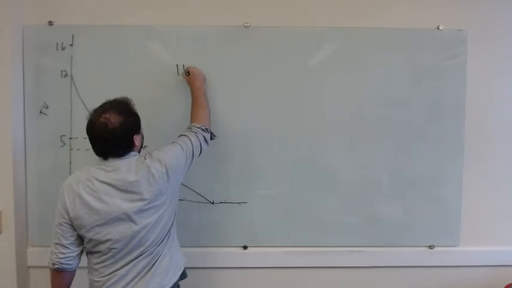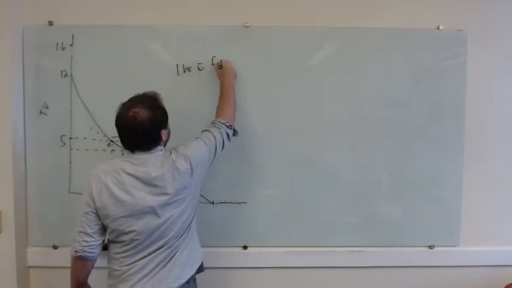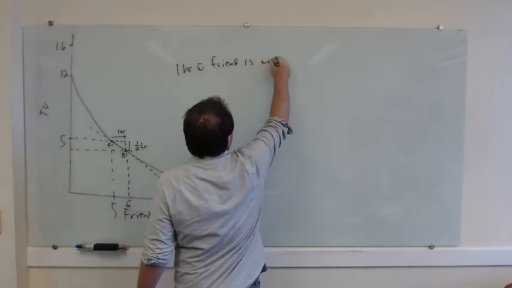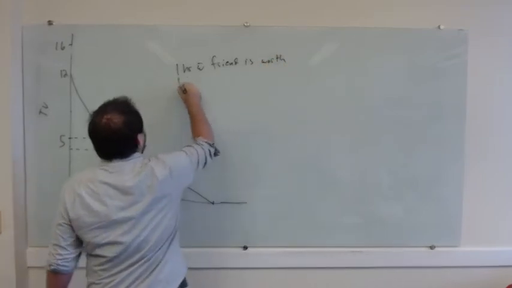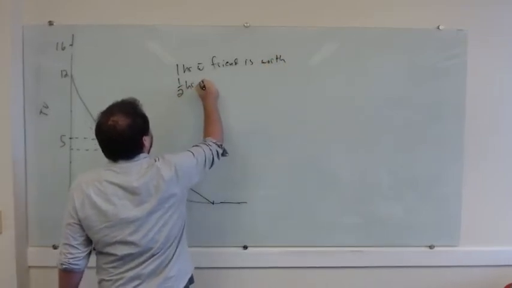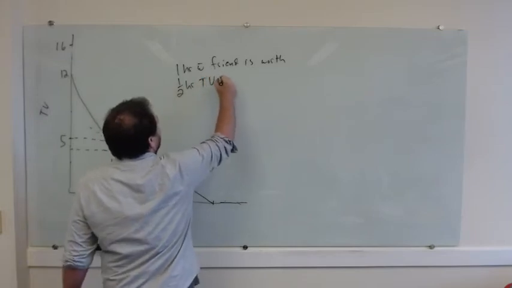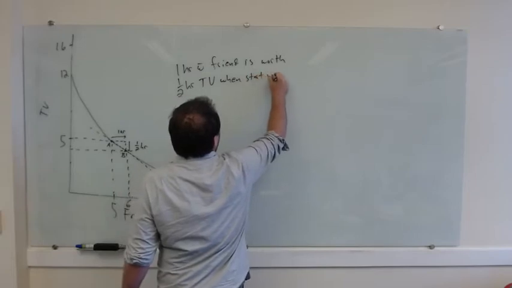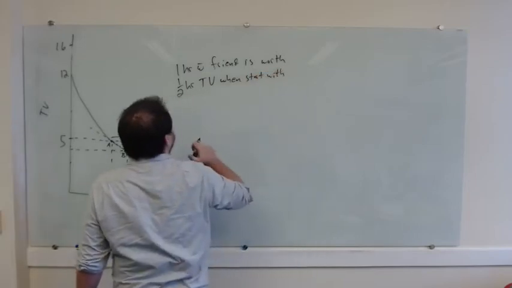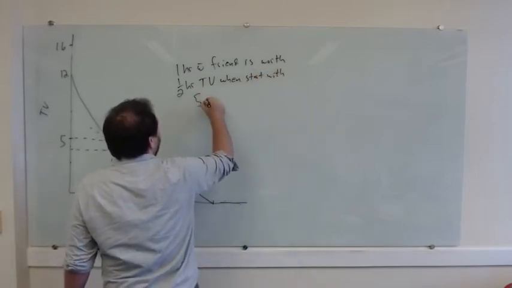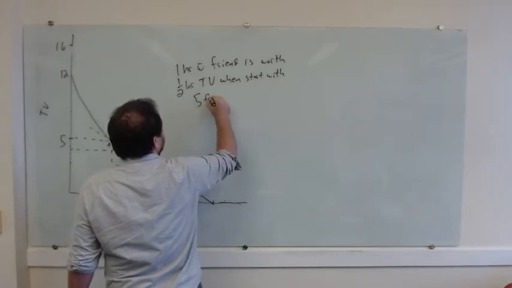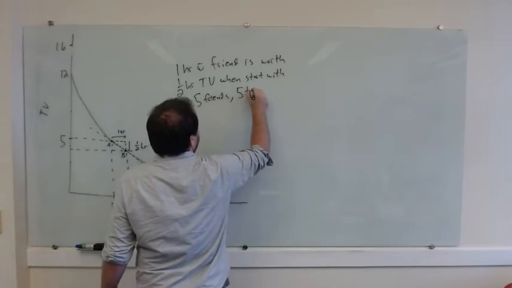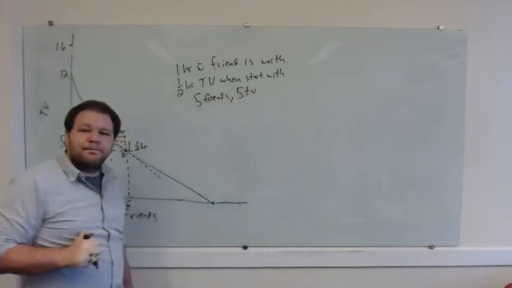So 1 hour with friends is worth 1/2 hour of TV when I start with 5 hours of friends and 5 hours of TV, right?